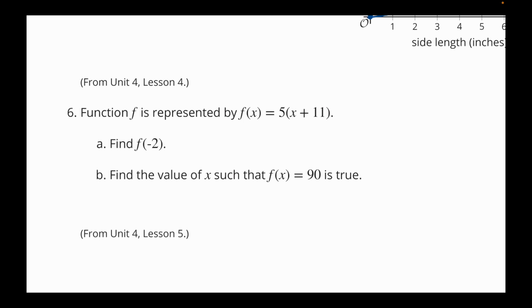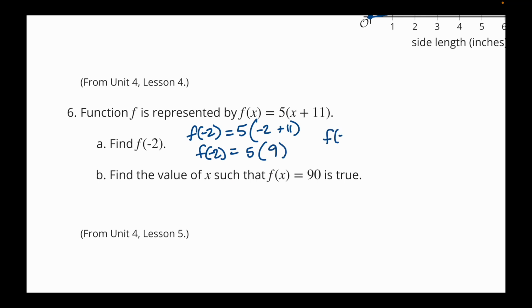That means we're plugging in -2 here. So f of -2 would be if we took all of this and instead said of x, -2 plus 11, and evaluated this. So 11 plus a -2 means this is 9, so we really have 5 times 9.